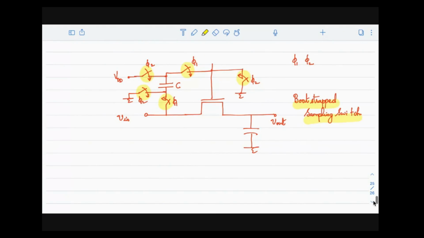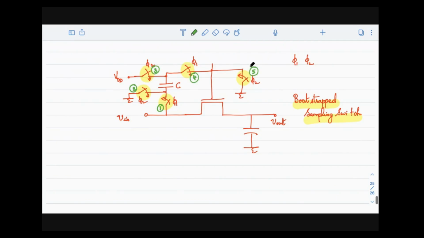Now, when we do that, this entire thing should also work for the sampling and hold phase. That is how we have kept all the switches intact. If you just number the switches, let me number from here just for reference: this is switch number 1, this is 2, this is 3, this is 4, and this is 5.